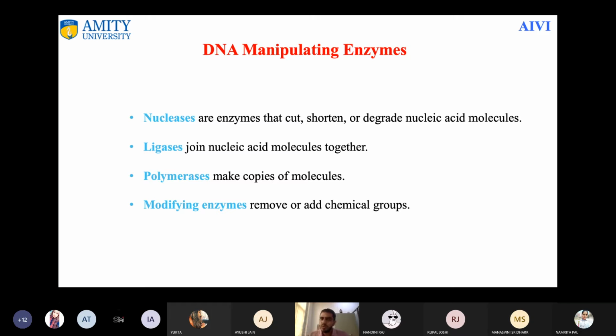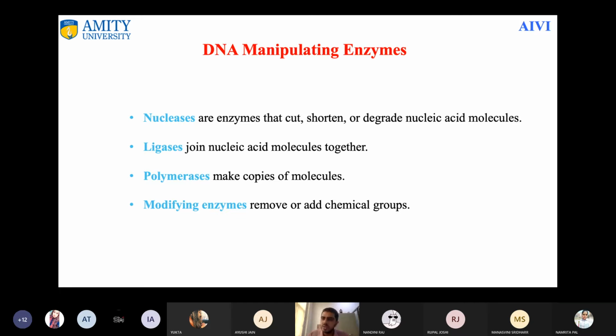We can cut it, extend it, join it, make copies of it, and modify it. Modifying means we are not breaking it or adding more nucleotides, just adding some groups to it, such as removing or adding a phosphate. That is the modifying thing.